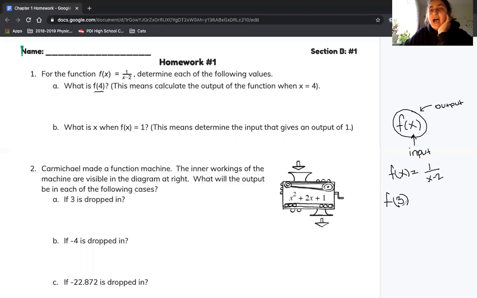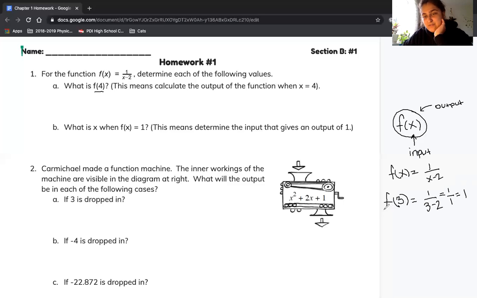This is saying I'm evaluating a function at 3, when x equals 3. So f of 3 equals 1 over 3 minus 2. Okay, well, 3 minus 2 is just 1, so that's 1 over 1.